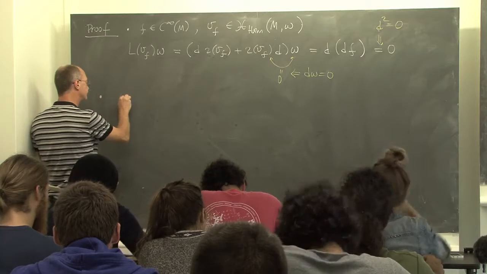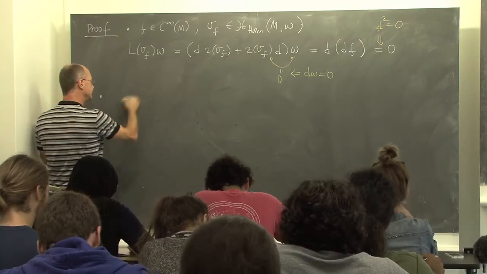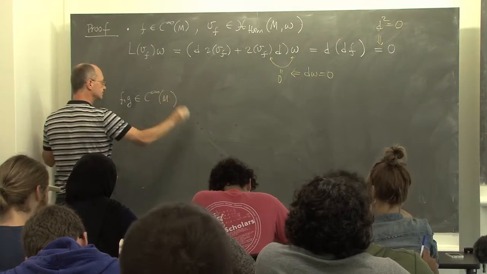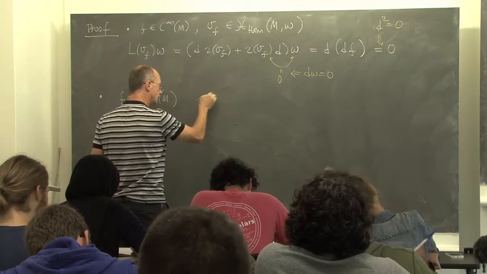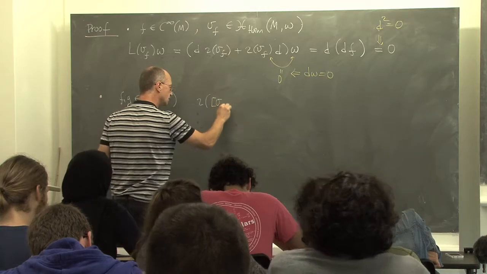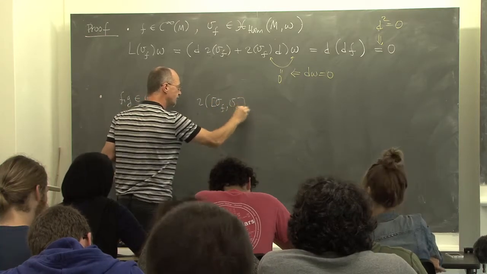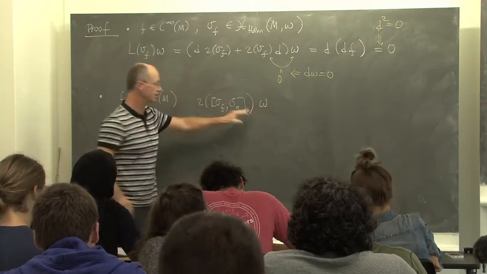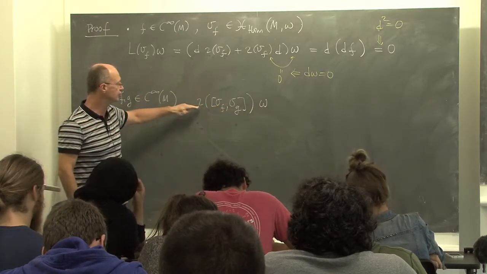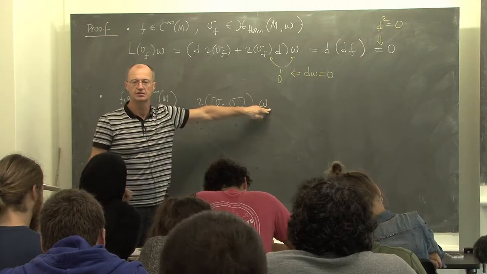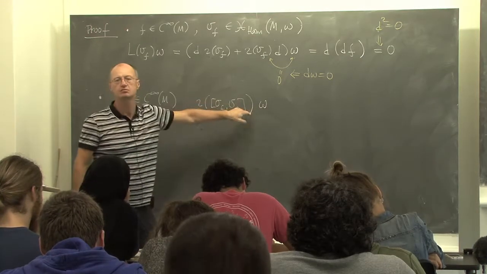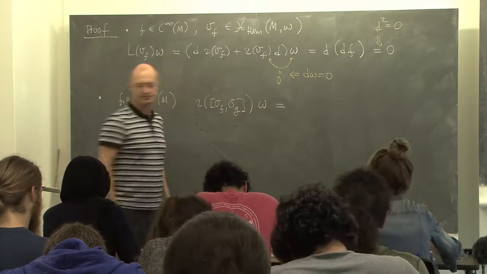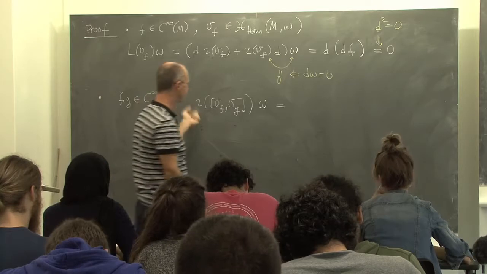So we take two functions, and you take the corresponding Hamiltonian vector fields. You take their Lie bracket. And you need to contract omega with this Lie bracket. Right, so the question is what it is.